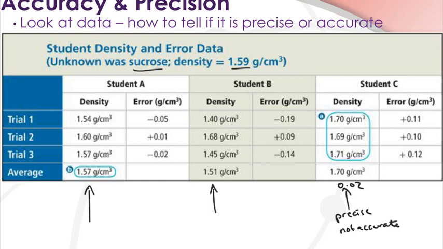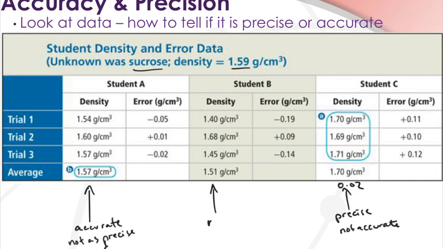And then if we go over to student A and look at student A's data, student A's average comes the closest. So we can say that his data was fairly accurate. But we'd say it's not as precise, if we look at the trials, as student C. And then if we look at student B, it's all over the place.